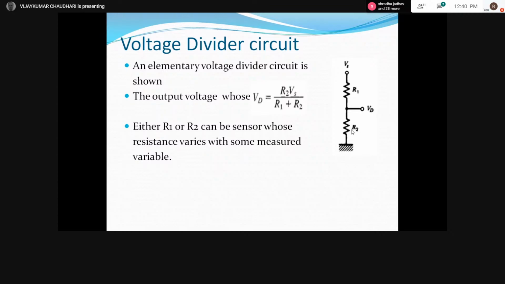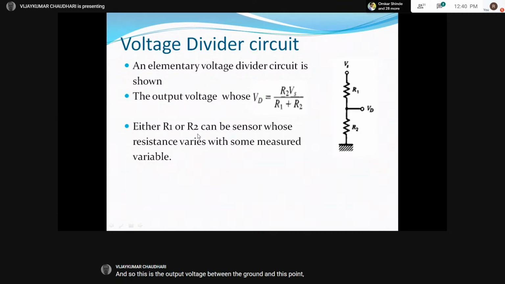How is our VD given? VD is across R2, so it is R2 upon R1 plus R2 into Vs, the applied voltage, right? And so this is the output voltage between the ground and this point.